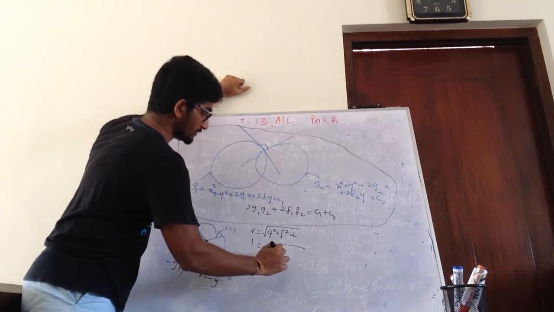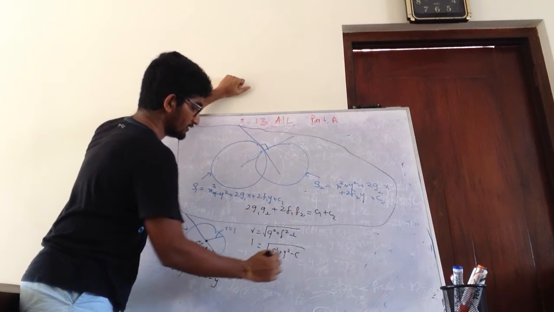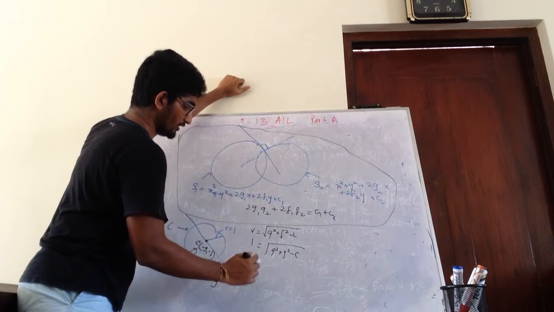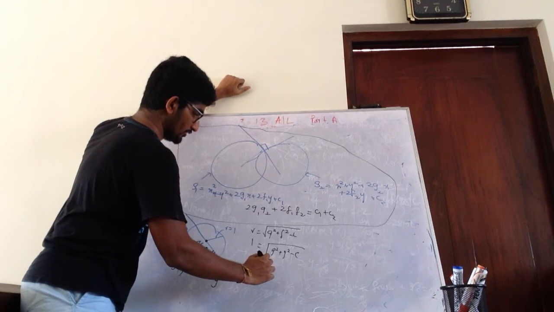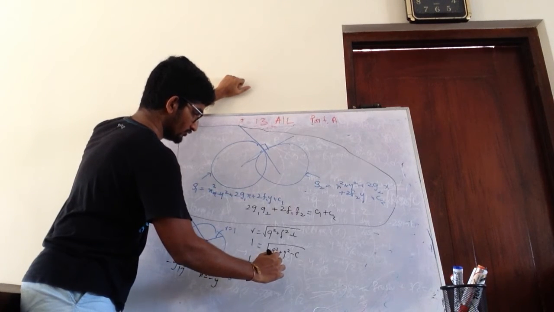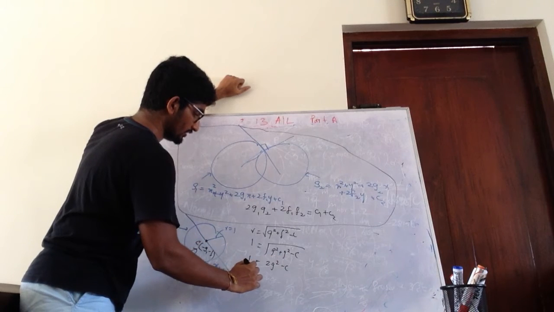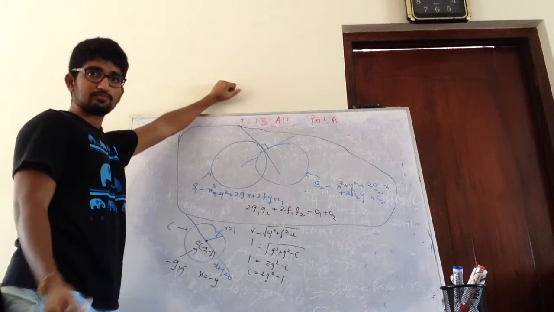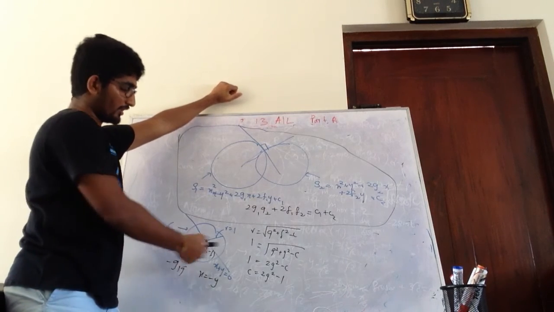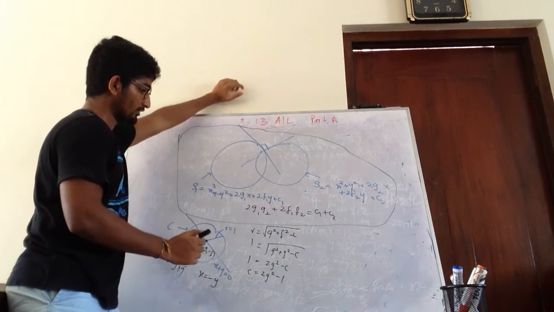Write this as g square plus g square minus c. So that is 1 equals 2g square minus c. So c will be 2g square minus 1. Right, so you all can write this equation.